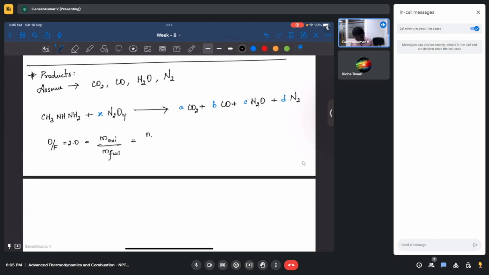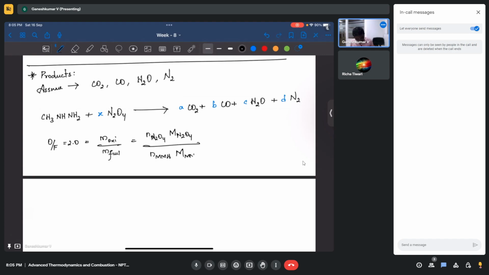Mass of oxidizer we already know; it's equal to number of moles of oxidizer times molecular weight of oxidizer, N2O4, over number of moles of fuel times molecular weight of the fuel.